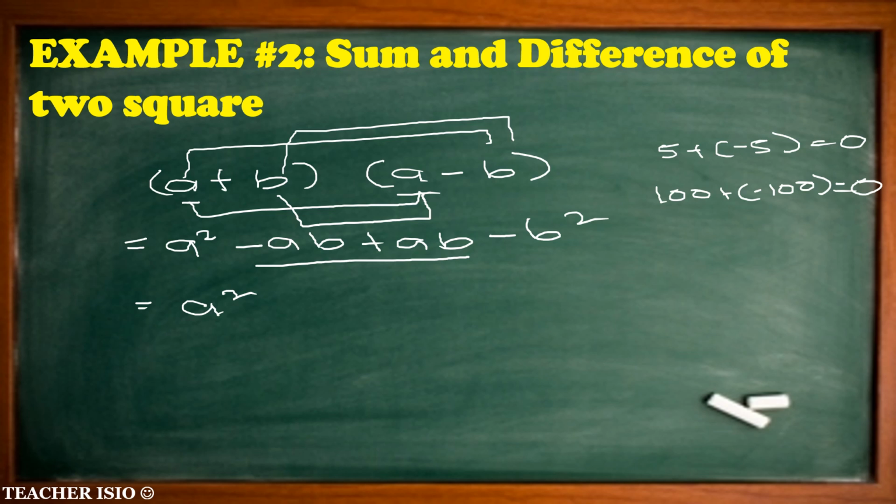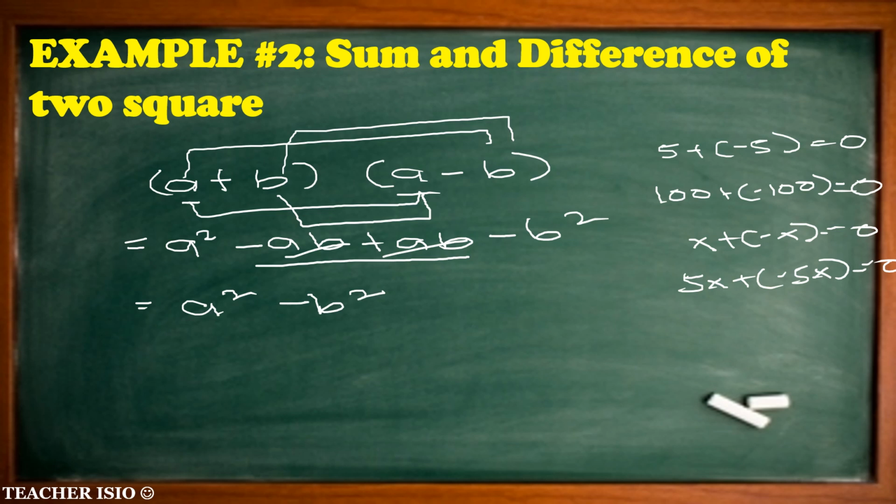Therefore, if we have negative ab plus ab, 0 na yan. Okay? So, if we have x plus negative x, ang sagot agad ay 0. 5x plus negative 5x, ang sagot agad ay 0. So, 0 na yan, therefore, just bring down negative b squared.